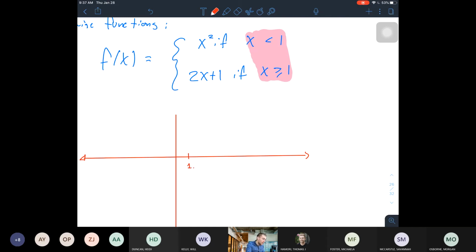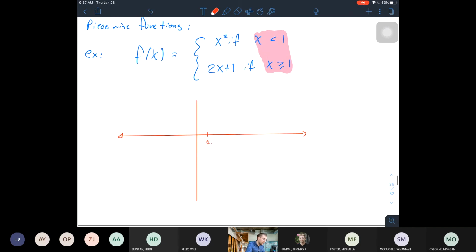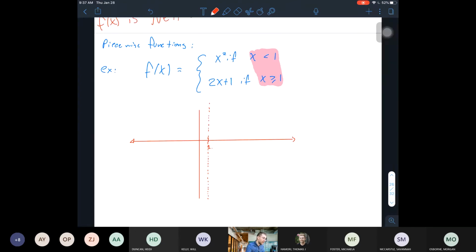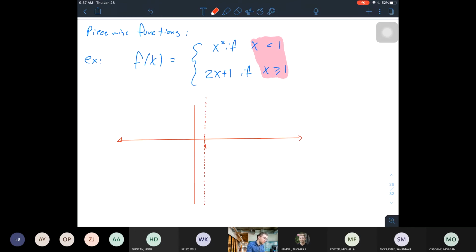And just to illustrate this, you don't have to draw this stuff, I'm going to draw this kind of dividing line. Remember, an x value tells us how far left and right we are. So I draw this dividing line, and what this piecewise function says is that to the left, we're going to use the rule x squared, and to the right, we're going to use the rule 2x plus 1.